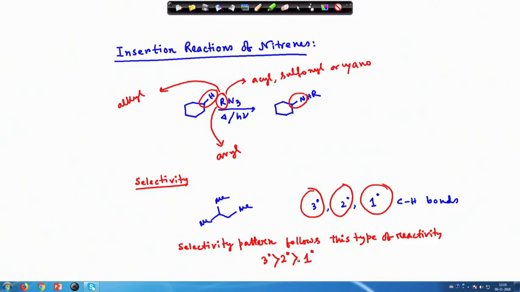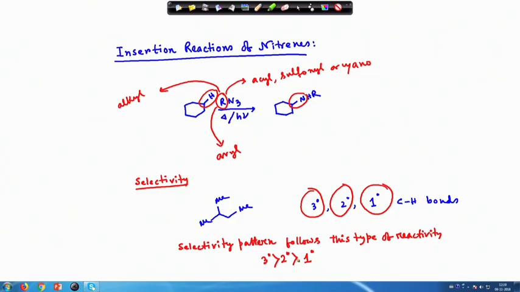If you take any molecule having different types of carbon hydrogen bonds, with different bond dissociation energies, the nitrenes will insert into those bonds with different selectivity. First it will go to the tertiary one, then the secondary one, then the primary one.